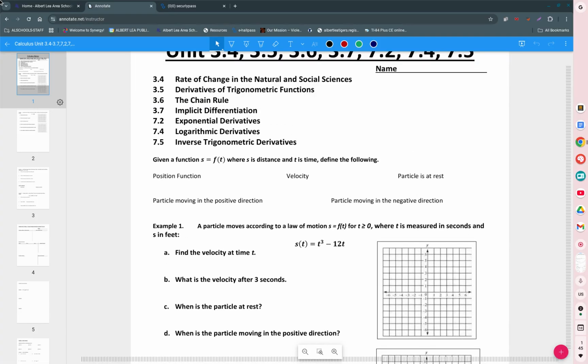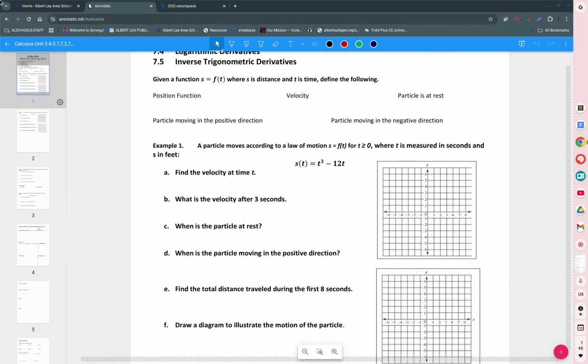Here we go. This is our work. As I said, gloves are off. You're going to have a number of days where you have time to practice in class, but we are on our way. Suppose that S is equal to f of t. We have what we call a position function. A position function tells us where a particle is.